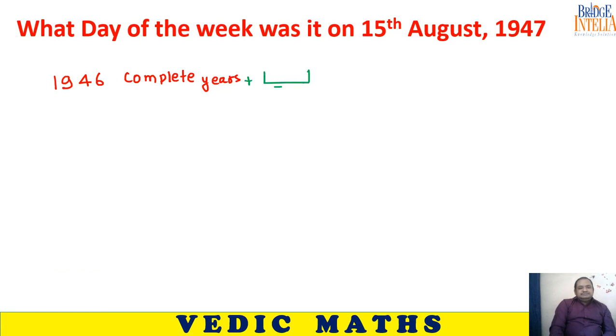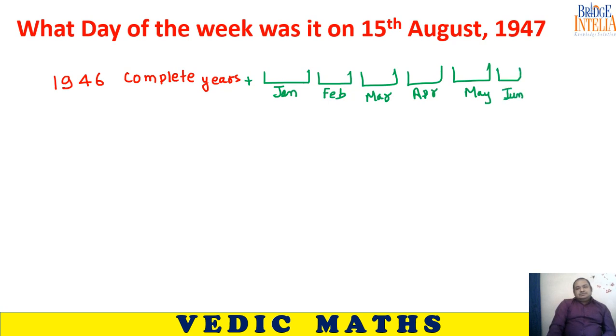So January, Feb, March, April, May, June, July, and 15 days from August. And 1947 is a normal year. It is not a leap year. So February will have 28 days, January 31, March 31, April 30, May 31, June 30, July 31.